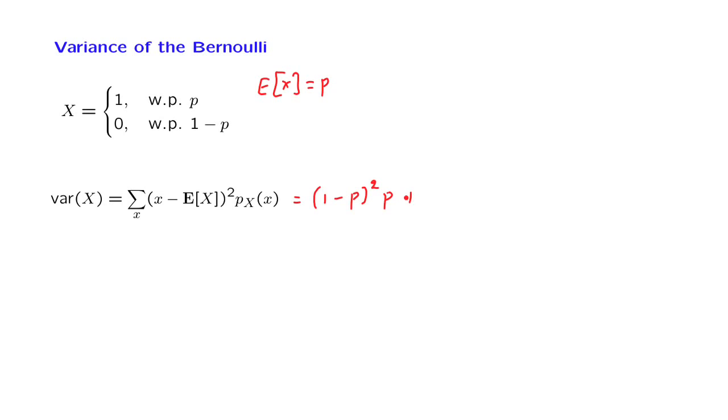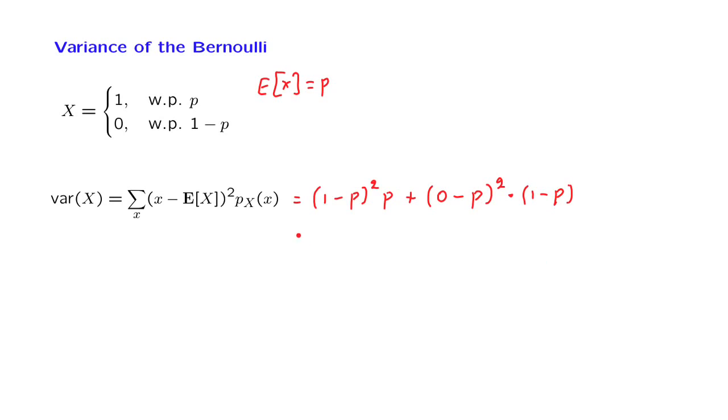There's another contribution to this sum when little x is equal to 0, and that contribution is going to be (0 minus p) all of this squared, times the probability of a 0, which is 1 minus p.